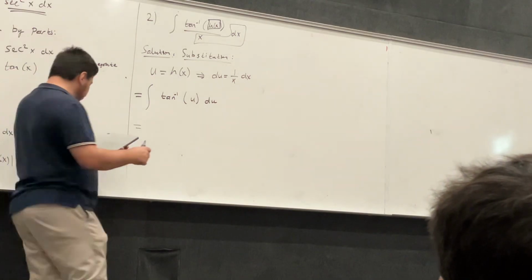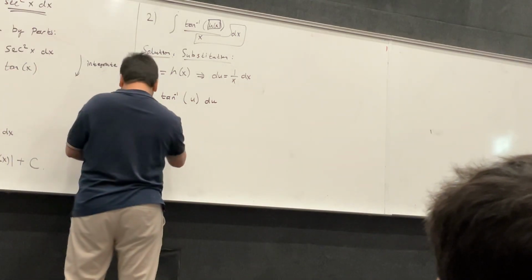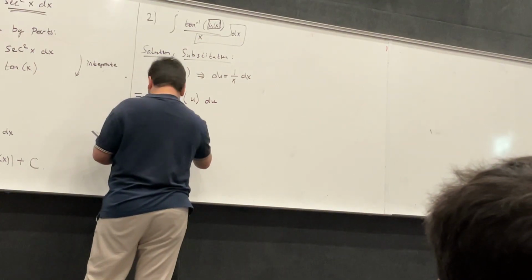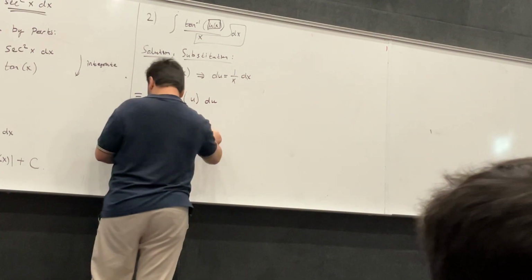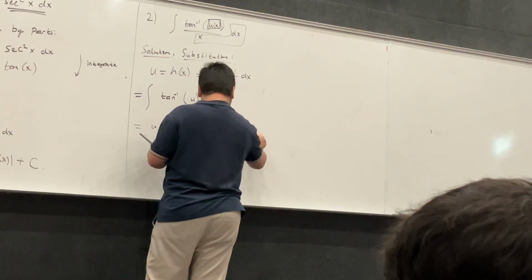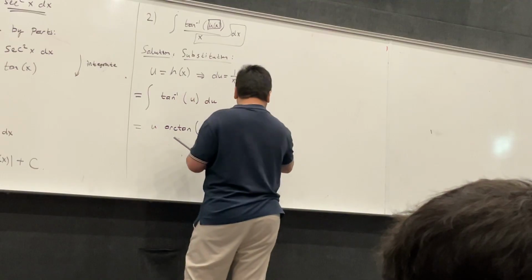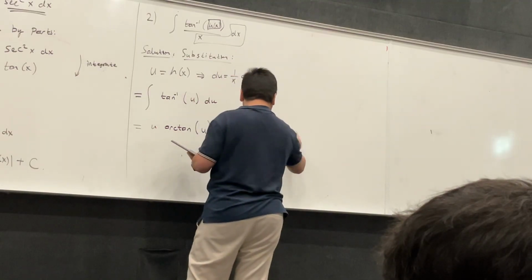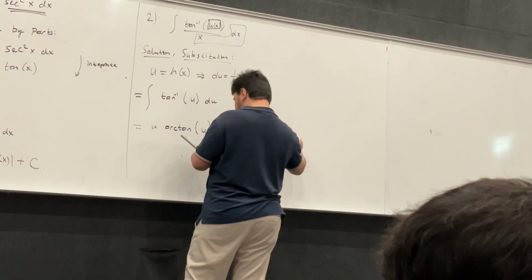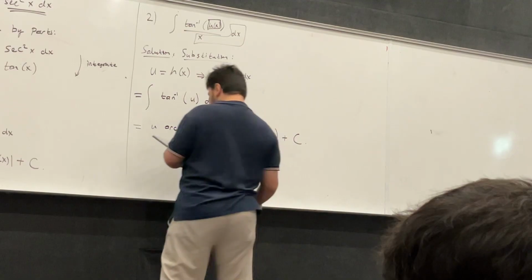So if you do all of those, then you get u arctangent u minus 1 over 2 log of 1 plus u squared, plus some constant.